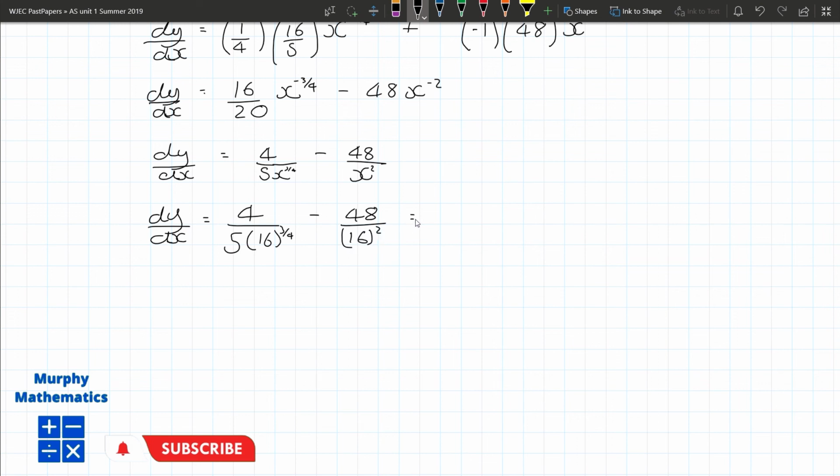And that gives us, put into a calculator, 4/5 times 16 power 3/4 minus 48 over 16 squared. There we get minus 7/80 as a fraction, which we know is minus 0.0875. And that's our answer.